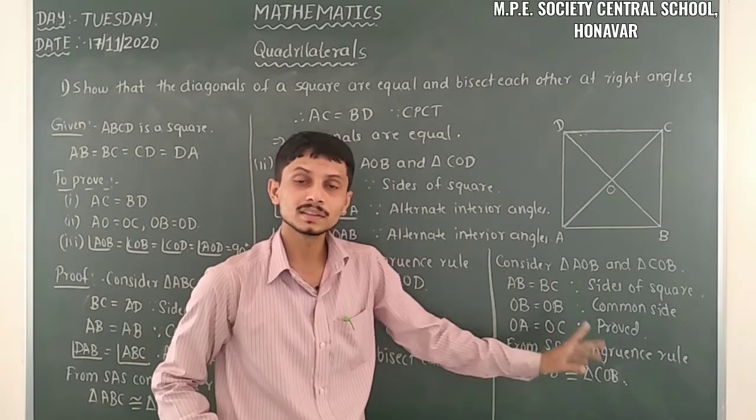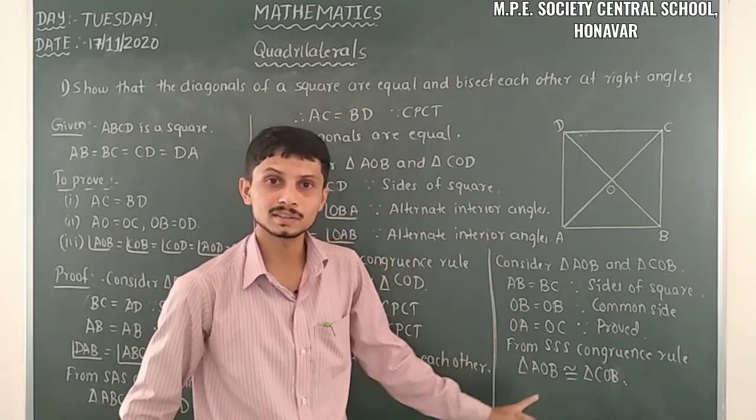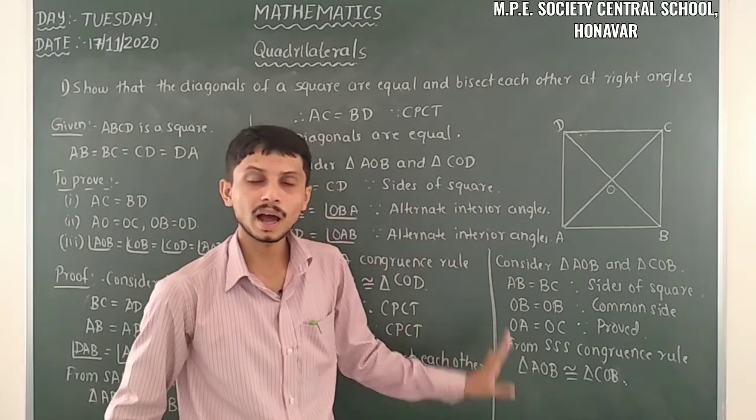When we have congruent triangles, the corresponding parts of these two congruent triangles are equal.